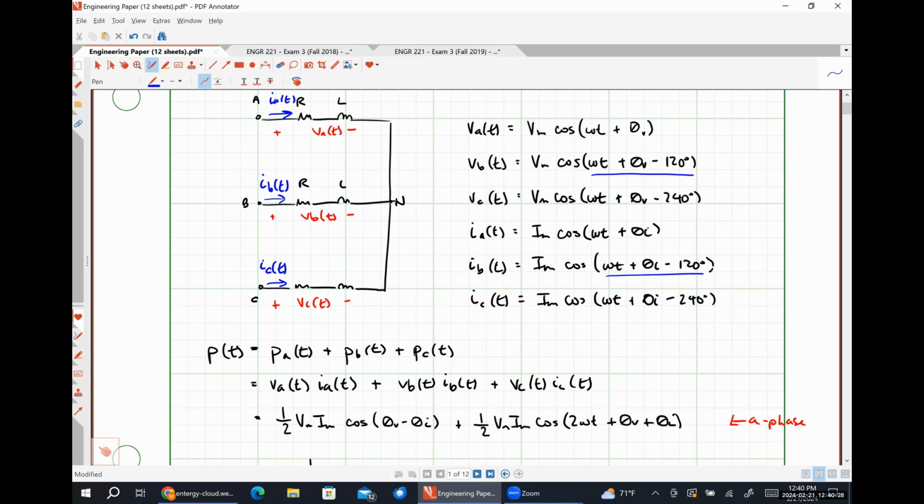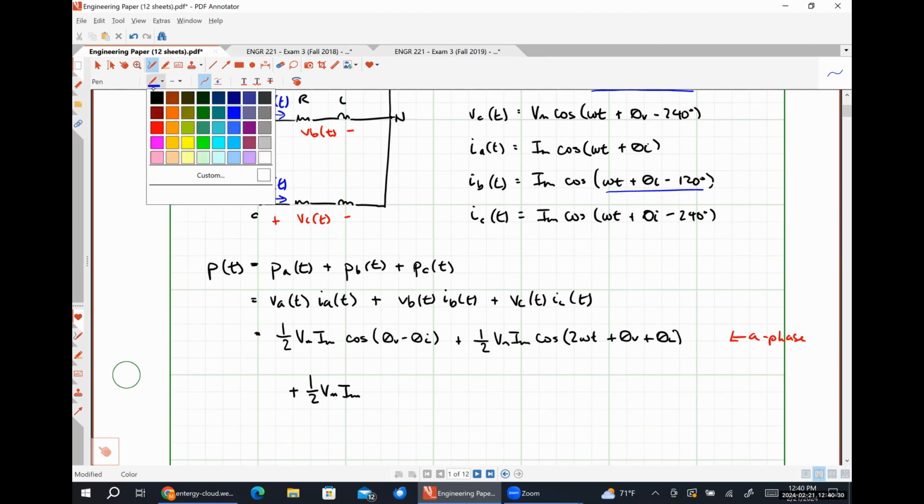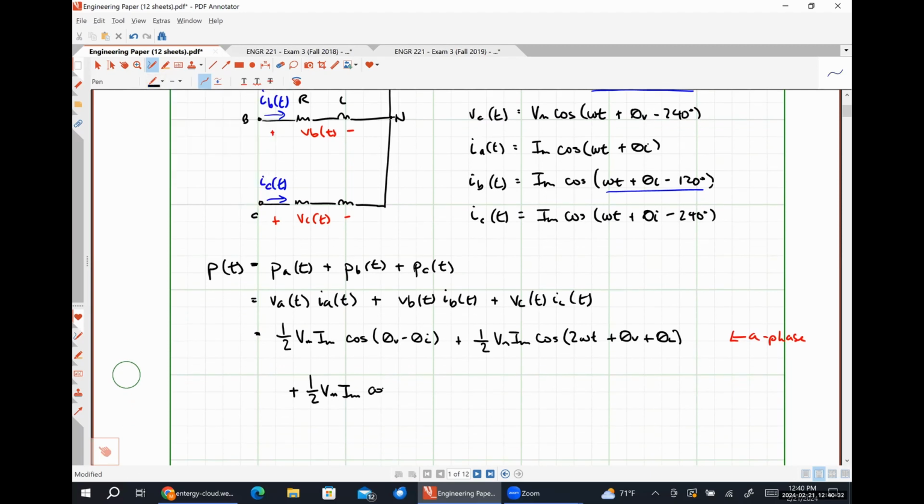So I'm just going to get a theta v minus theta I yet again. Now I come to the AC part where I'm just going to add those angles together. And that's going to look like twice omega t plus theta v plus theta I minus 240 degrees. So this is our B phase contribution.